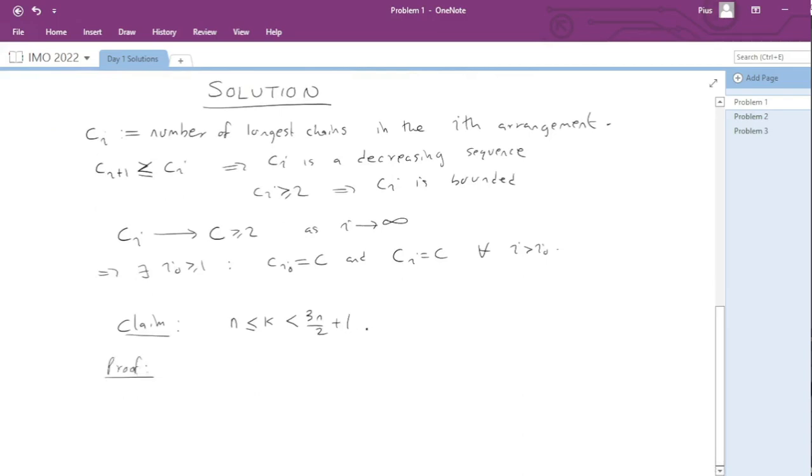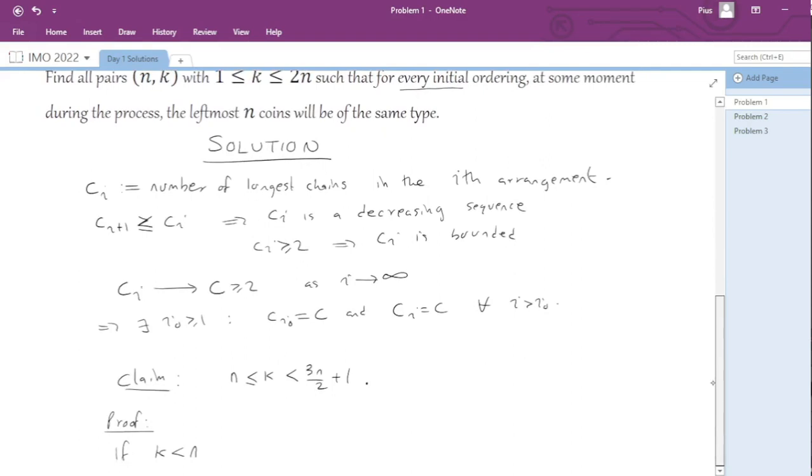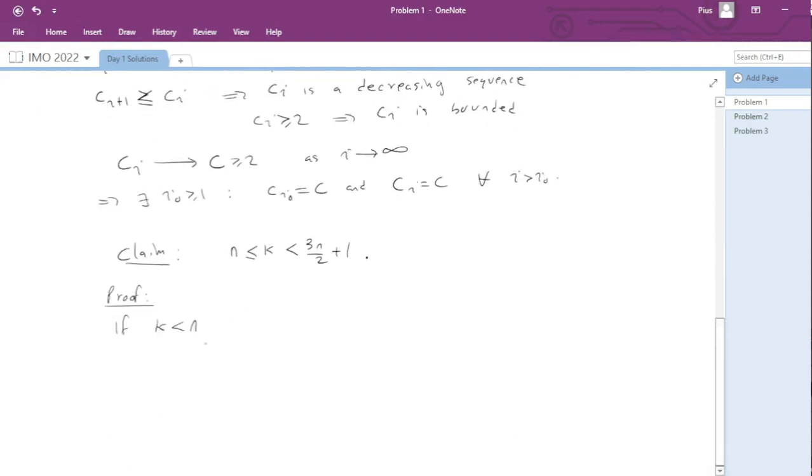So we're going to take this in 3 parts. First of all, if k is less than n, so we want to show that since it's not in this range, at some point we never get the conclusion we want. So we're just going to give a counter example. Why is this enough to give a counter example?